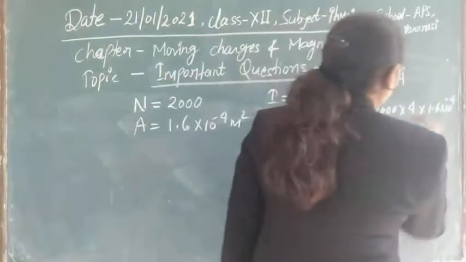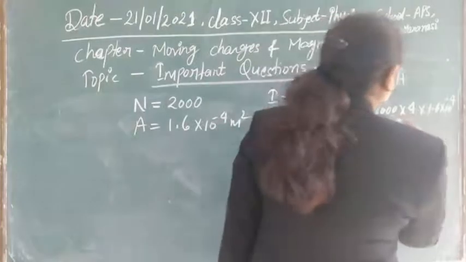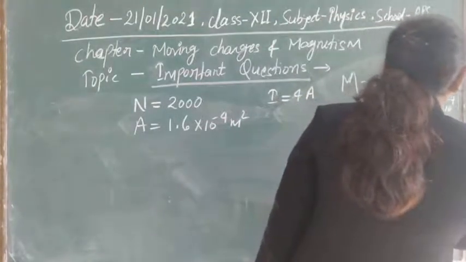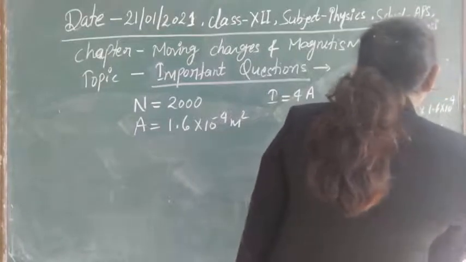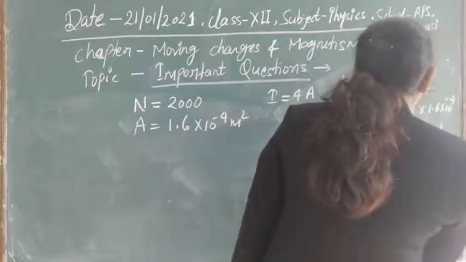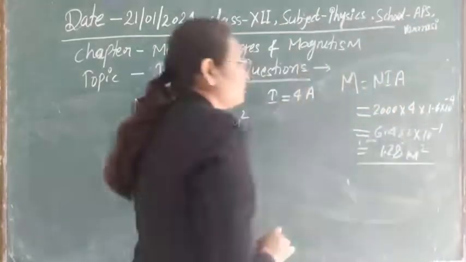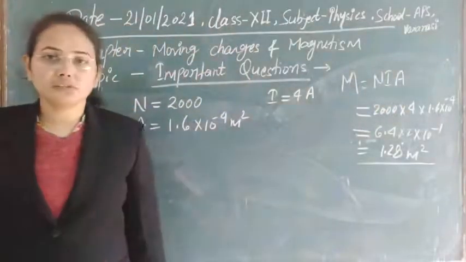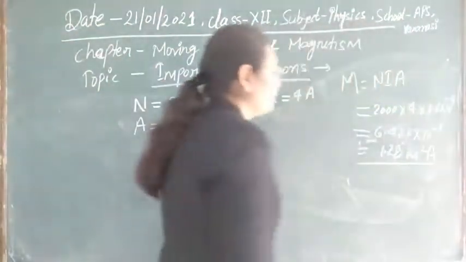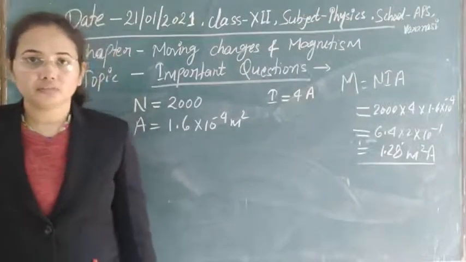Solving it, we get 4 into 2 into 10 to the power minus 1, and finally 1.28 ampere meter square. This is the magnetic moment associated with the solenoid.